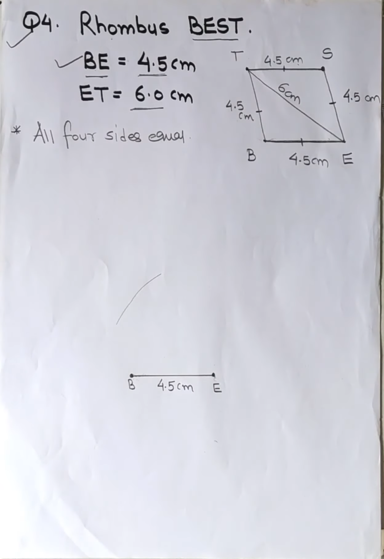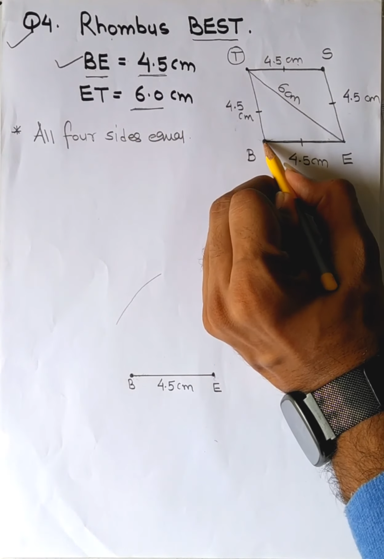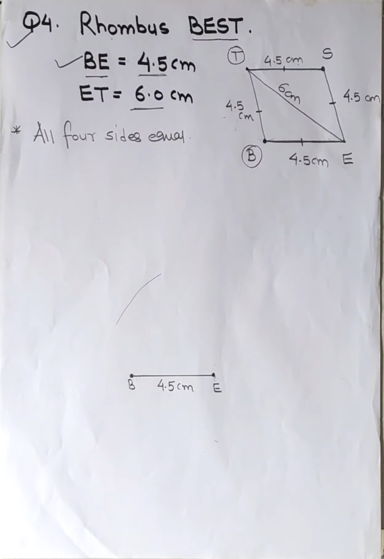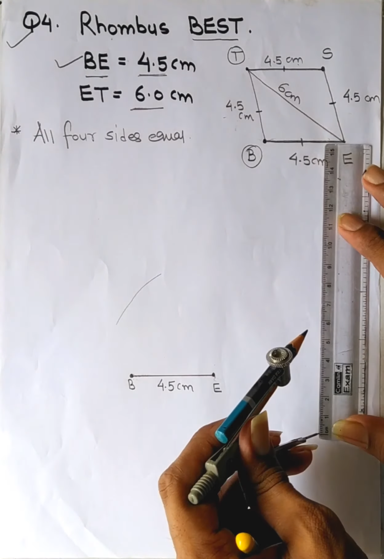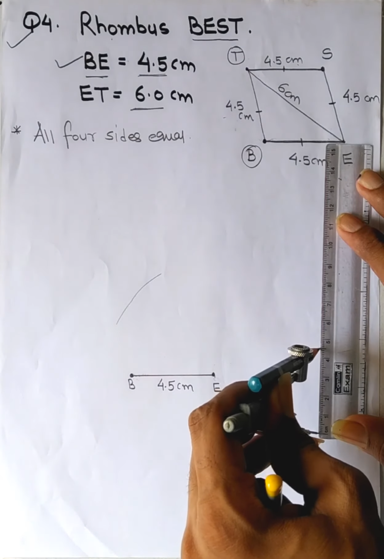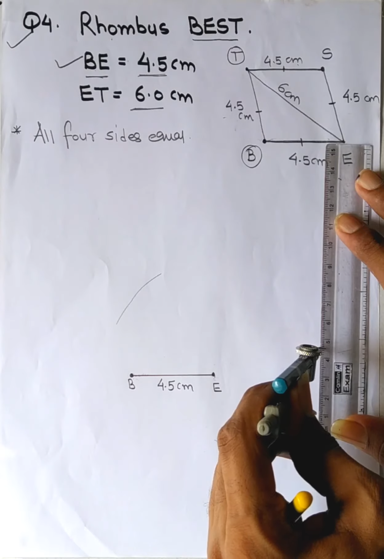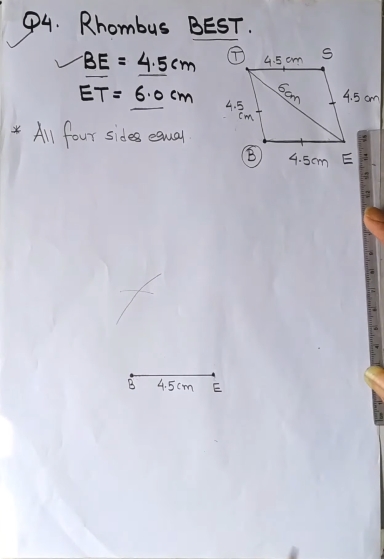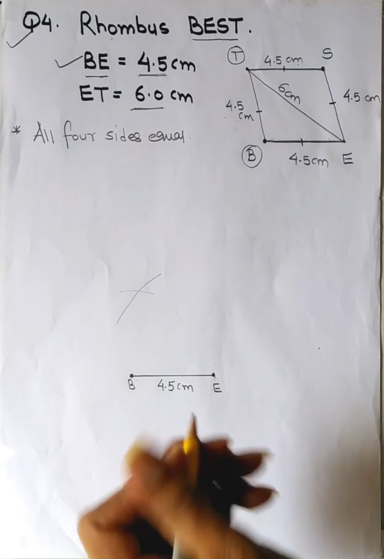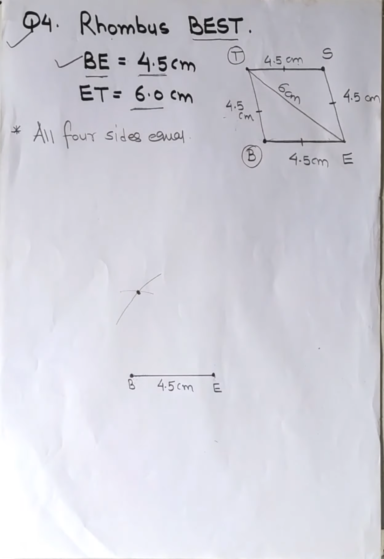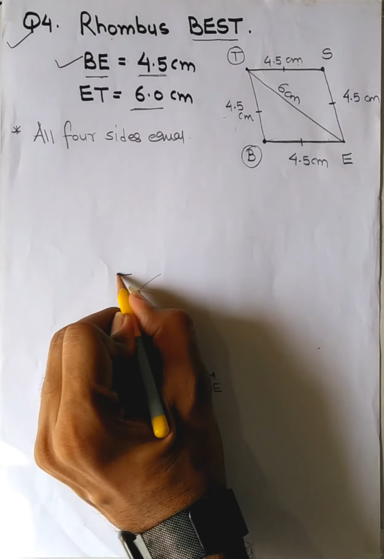Now to get point T, we must draw an arc taking radius 4.5 from center B. So take 4.5 on the scale very carefully, and put it at B, taking B as the center. We will intersect the previous arc. Clear? So now we got point T.